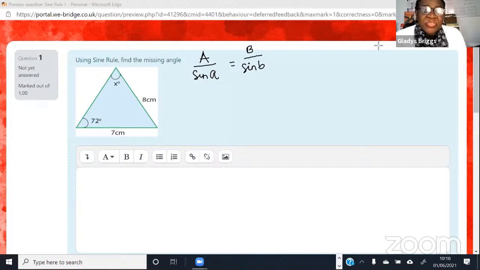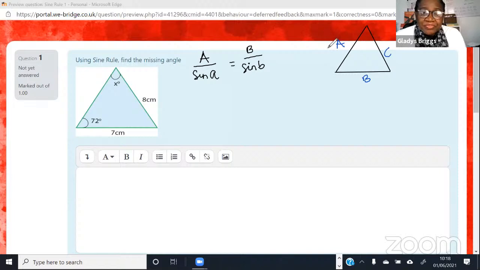So if you have something like this, and I'm going to use letters to represent the sides, so this is a, b, and c.